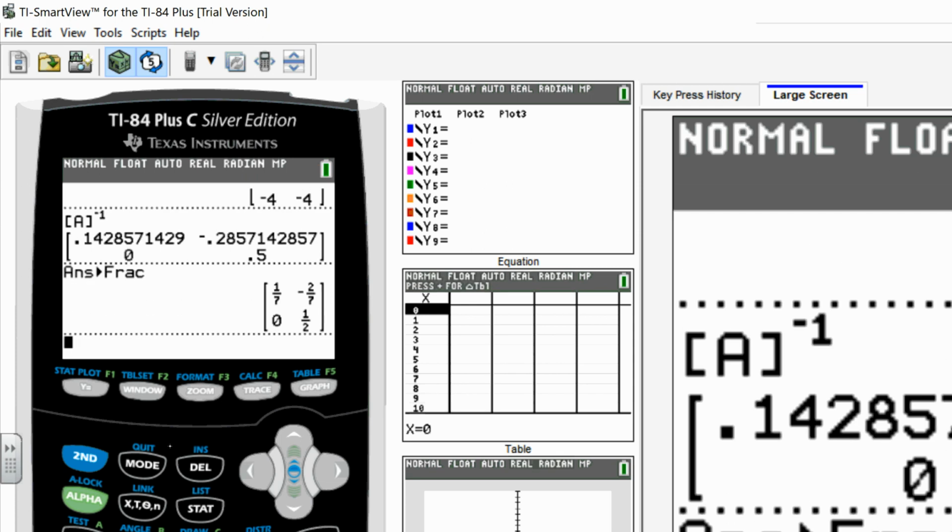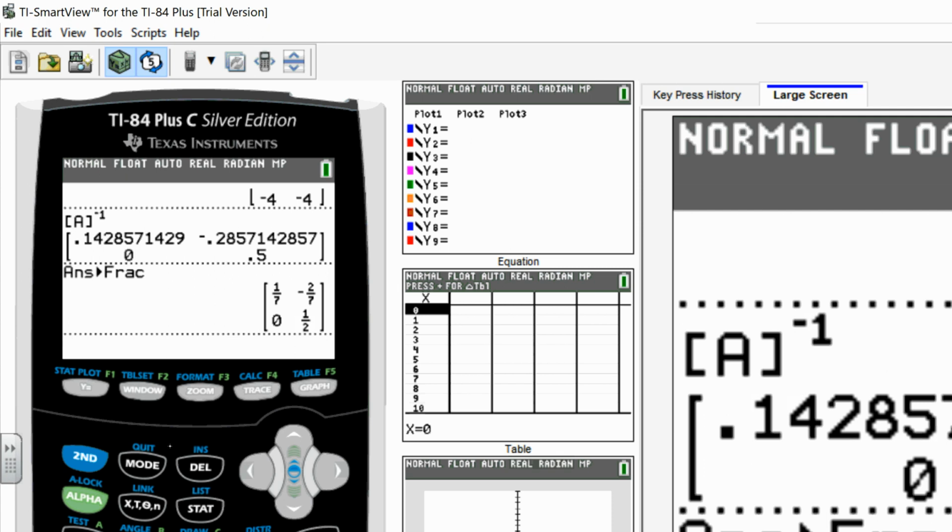Multiply them together and that works, yes? What did I just do? I found what A inverse is, the inverse of A, yes? Is that the exact same as what B is? Yeah. So if that happens, then you know it's yes, right?